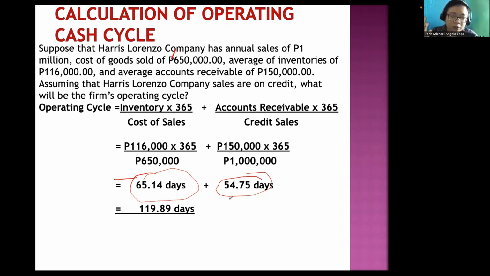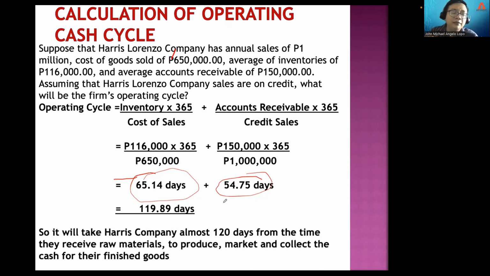So, pwedeng siya, 4 months. Okay? 4 months ang your operating cycle. Maganda ba yan? Again, depende pa rin sa company nyo. Kung San Miguel yan, pangit yan. Okay, mga groceries, pangit yan. Alright, next one naman. So, it will take the Harris Lorenzo Company almost 120 days from the time they receive raw materials to produce, market, and collect cash for their finished product. Alright.